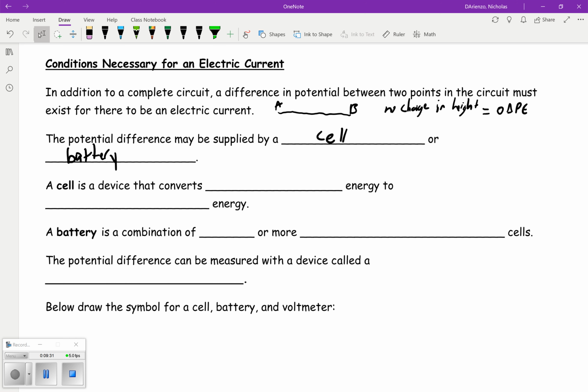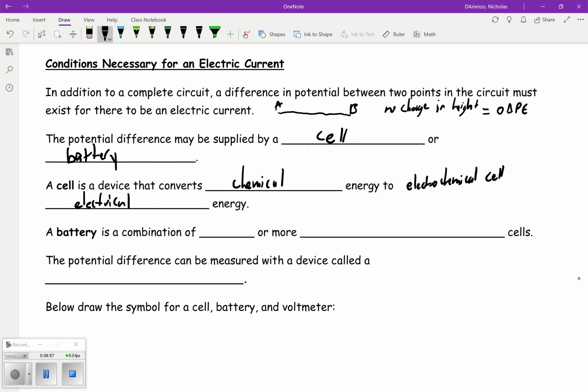A cell is a device that converts chemical energy, or chemical potential, into electrical energy, or kinetic energy. So we're converting here potential energy to kinetic energy in a cell. And we made these in chemistry, and we called them electrochemical cells.